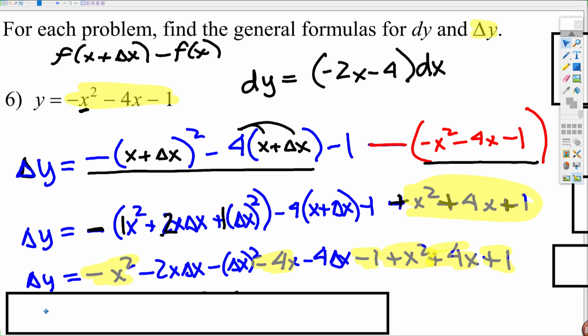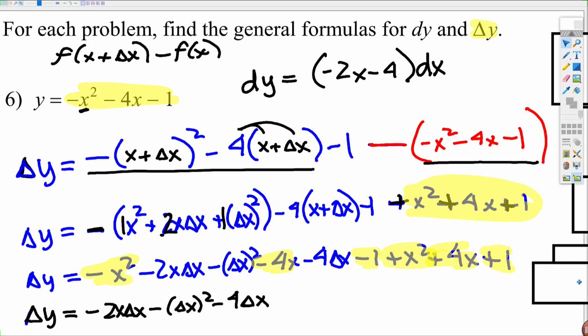And what is left is what the delta y equals. Delta y equals negative 2x delta x, subtract the delta x squared. And the delta x, as soon as there's an exponent, the whole thing is squared. So you can't just put delta x and then square the x. So it has to be in parentheses, subtract 4 delta x.